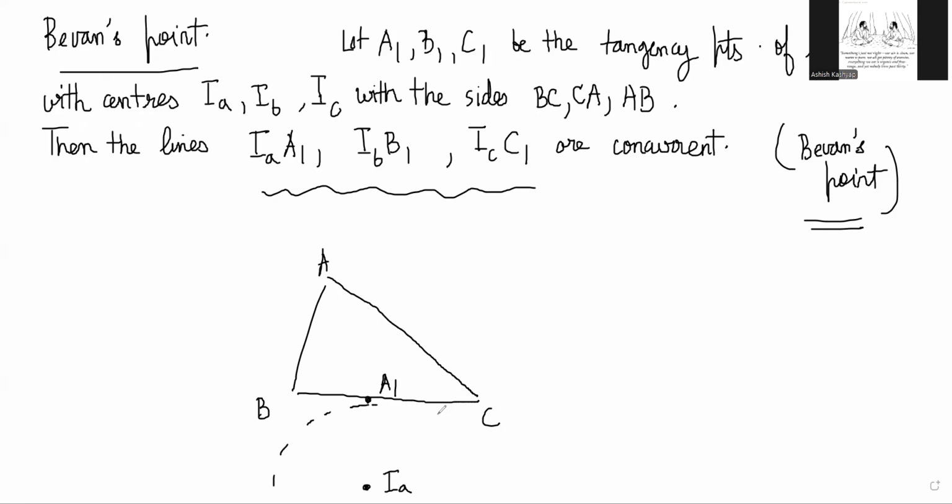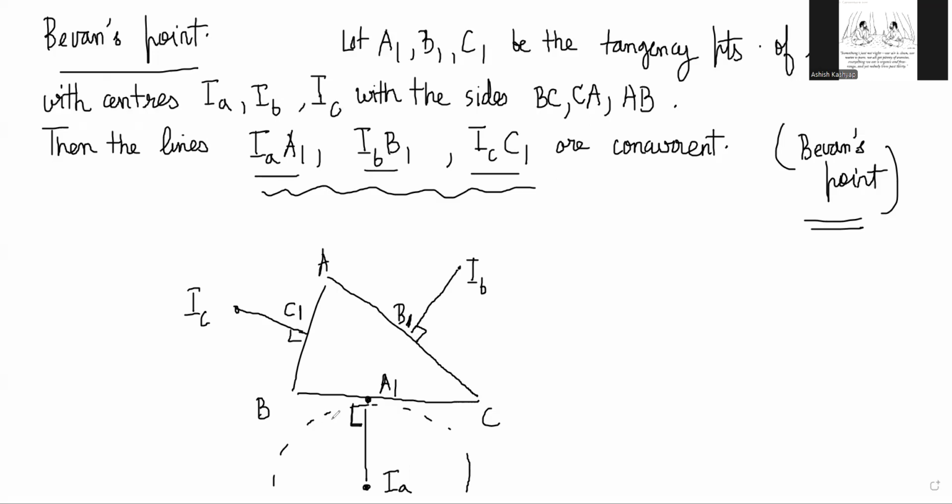So obviously IA A1 is perpendicular to BC. Similarly, IB B1 will be perpendicular to CA, and IC C1 will be perpendicular to AB. You have to prove that these three lines are concurrent.